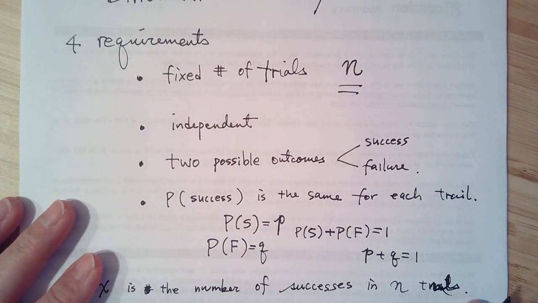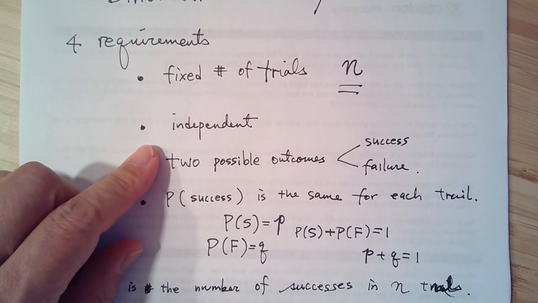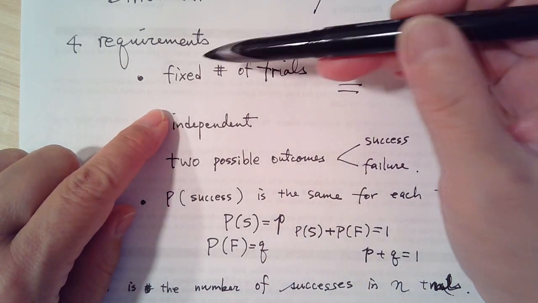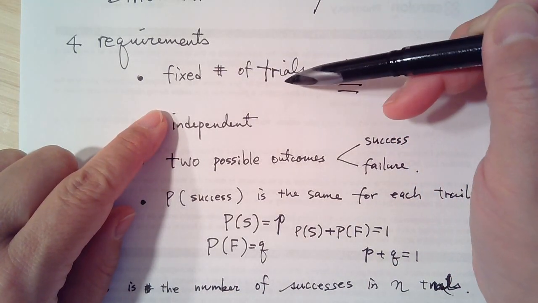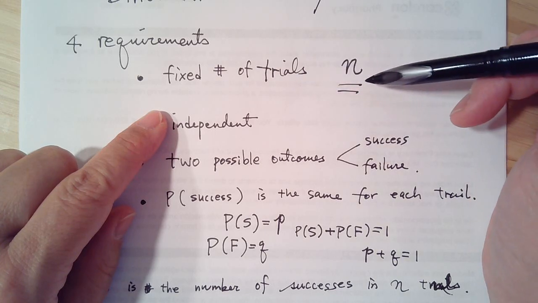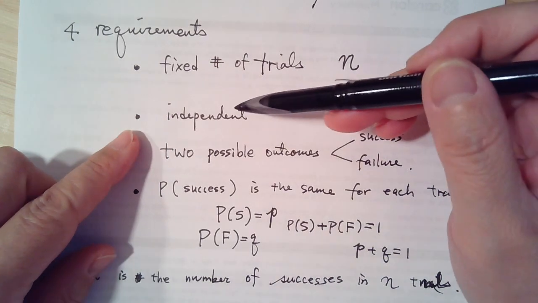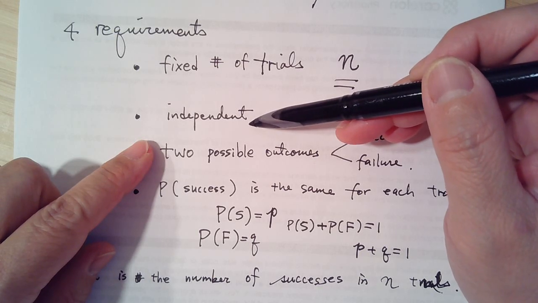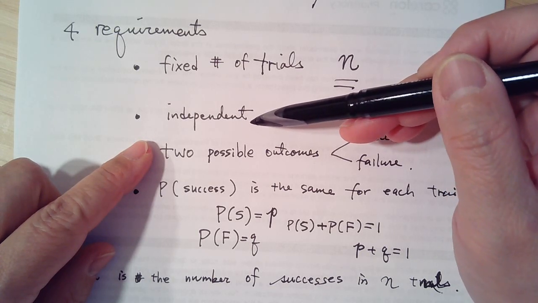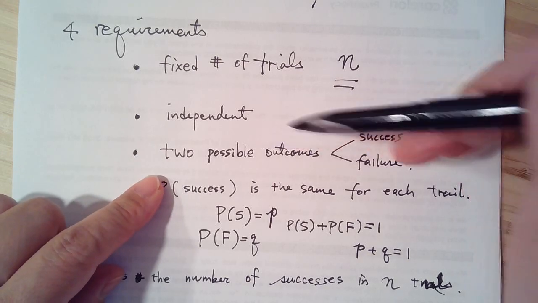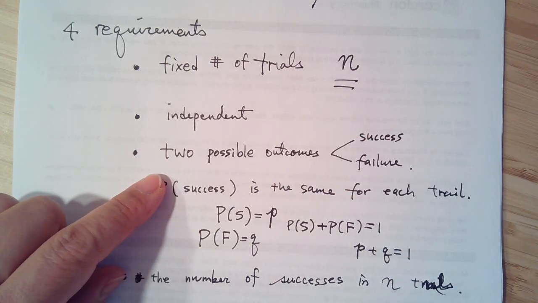Now let's look at these 4 requirements to see whether we should use a binomial probability distribution. Do we have a fixed number of trials? It's not unlimited, it's n, so we only ask 10 people. Are the trials independent? The answer is yes, because of replacement. And are there only 2 possible outcomes?